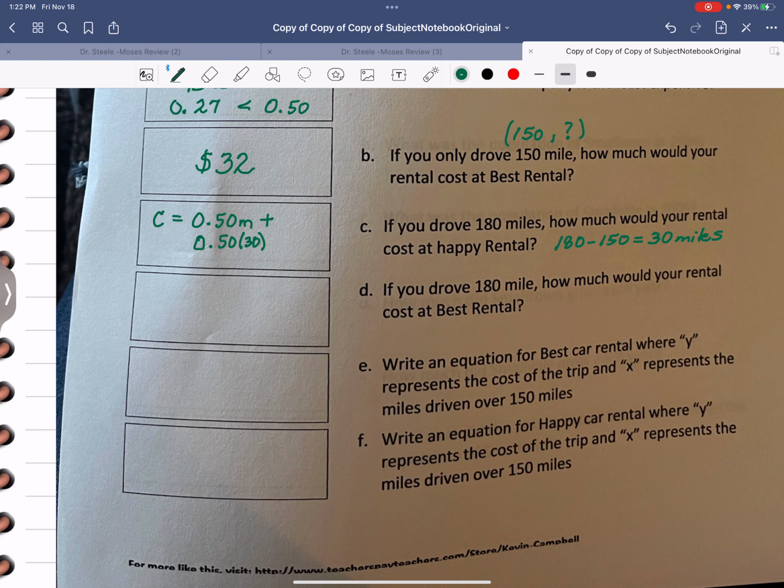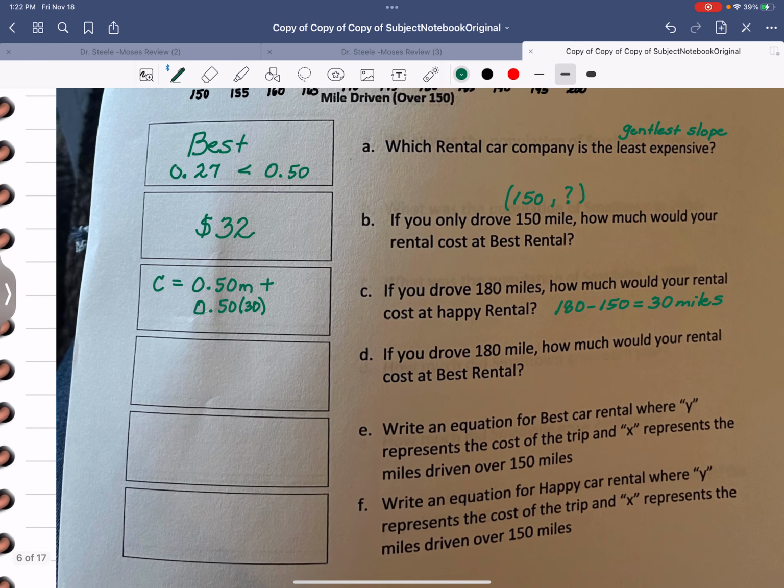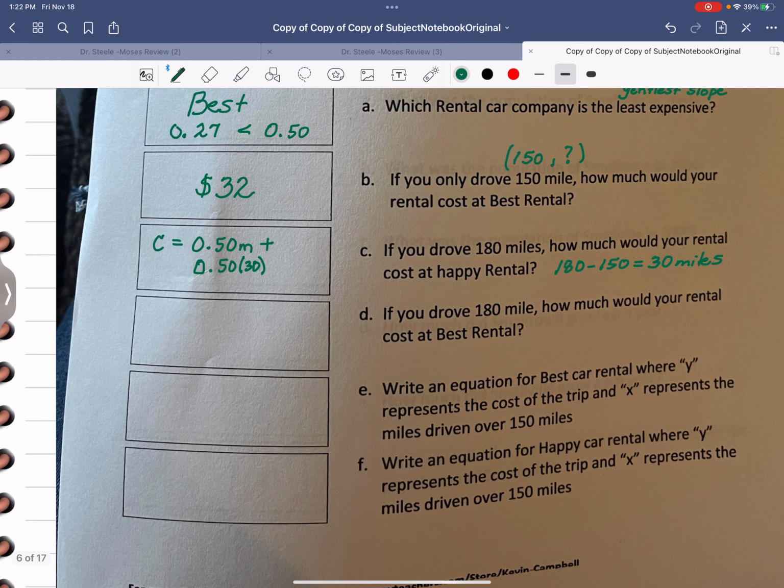But we also have to come back and add in that $10 that we had for the 150 miles that had been driven. So that would be plus 10. So we have 0.5 times 30 is $15. Add 10 to that, so the cost is going to be $25.